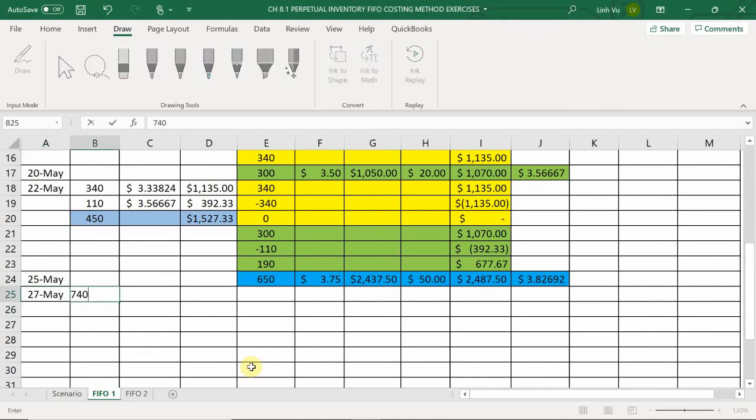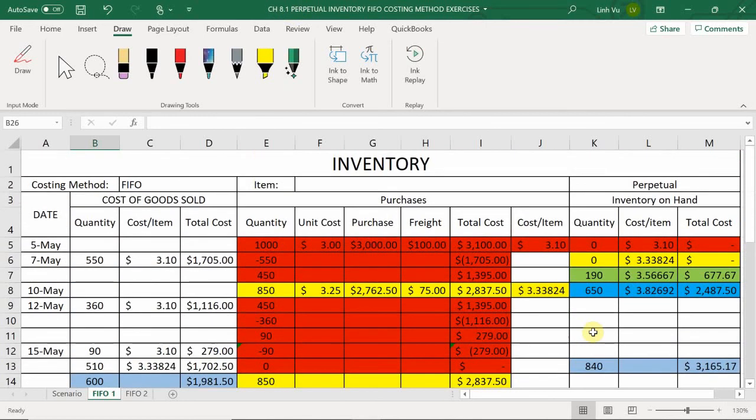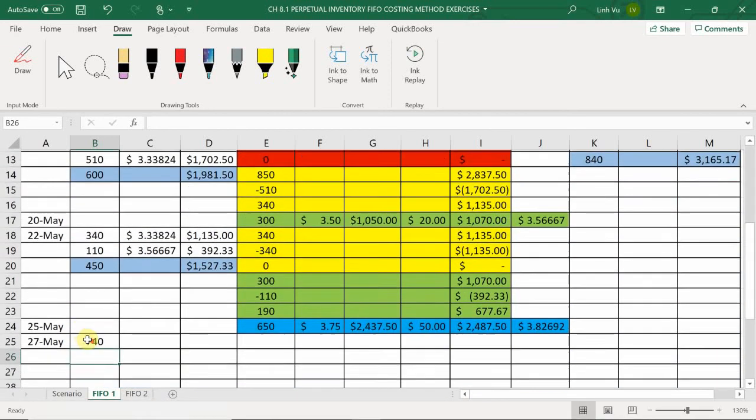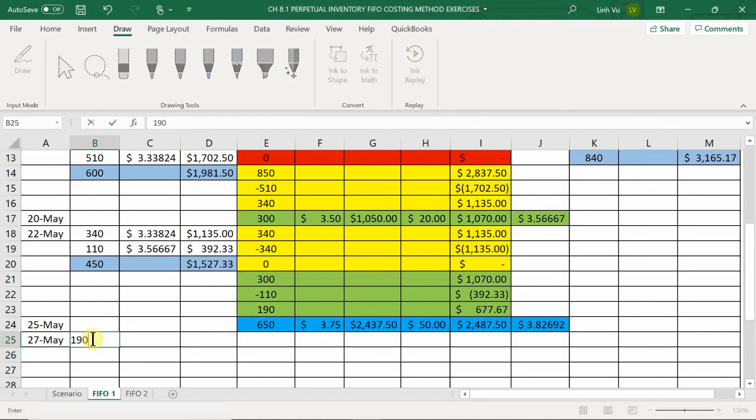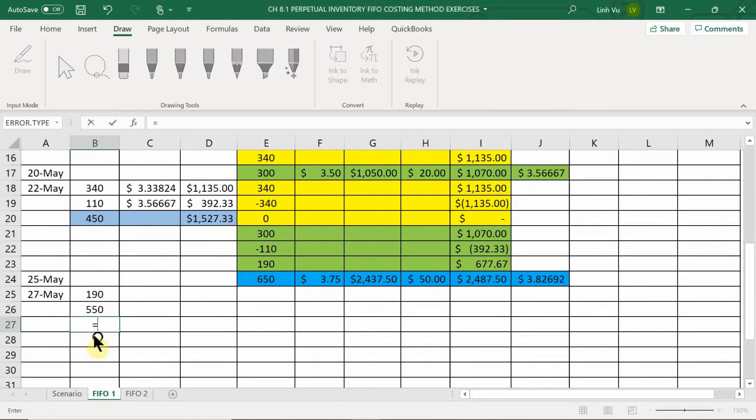We sold 740 units. So let's take a look at my inventory. I have my green batch and my blue batch. So I'm going to eliminate my green batch first for 190. That means I need to take 550 units out from my blue batch. Okay. So grand total 740.